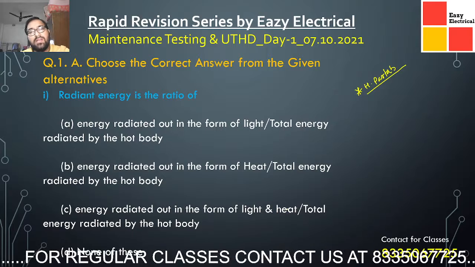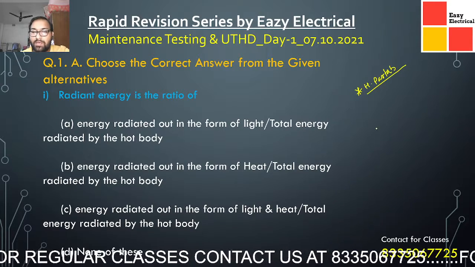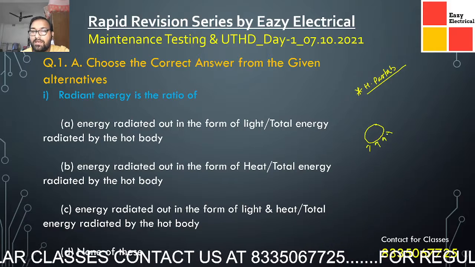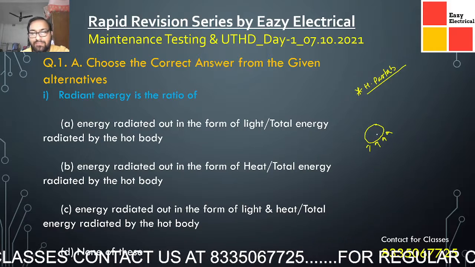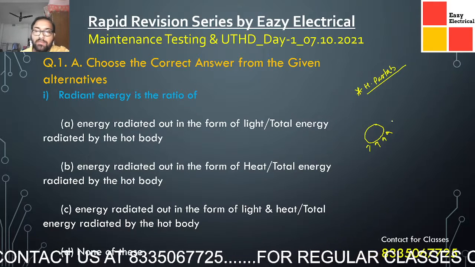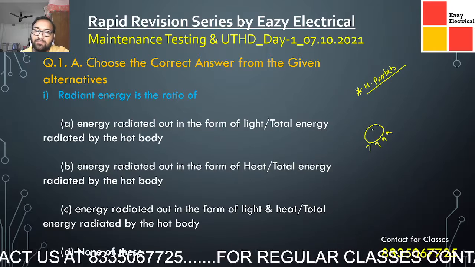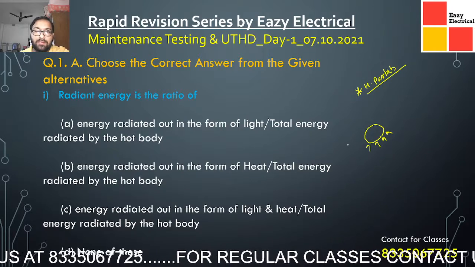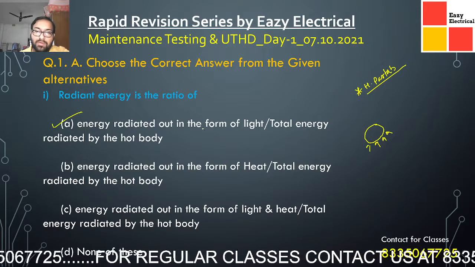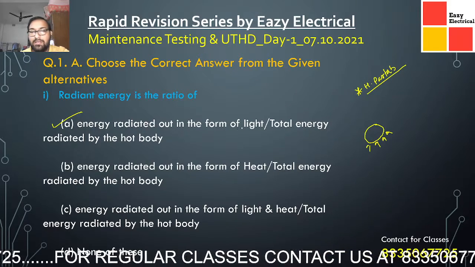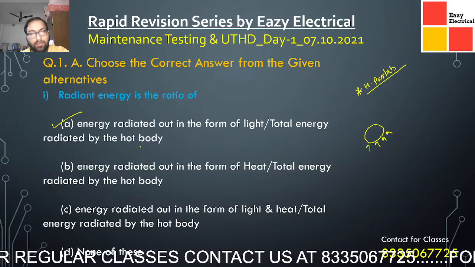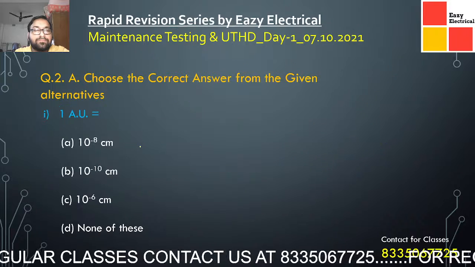Radiant energy means that whenever we heat a body, first of all its temperature increases and the color of the body changes. After a certain critical temperature, the body starts to emit light. So basically radiant energy means the energy radiated in the form of light divided by the total energy radiated by the hot body. That is the basic ratio.